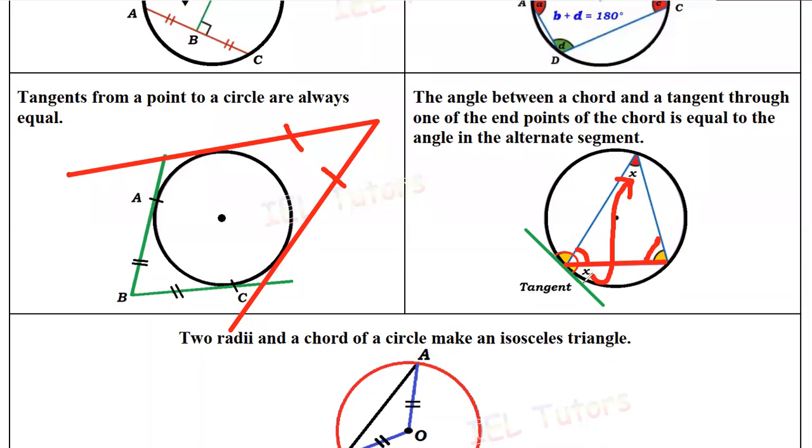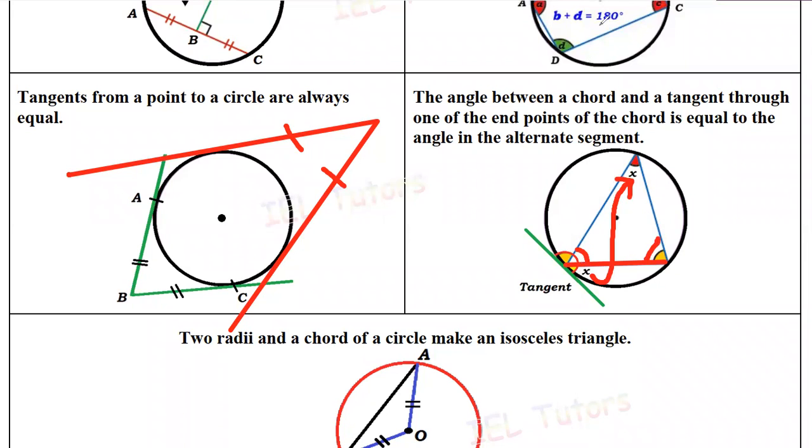So this means the side which is touching the angle, the angle next to that line, will be equal to the angle which is formed not next to that line, but the other one, the alternate one.